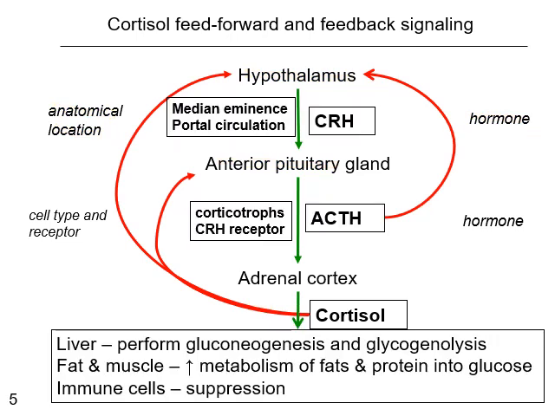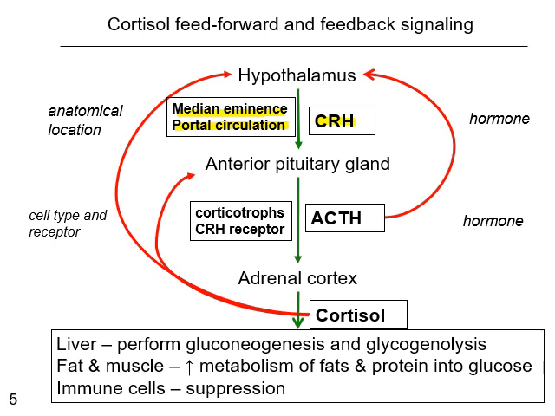Here are my answers. The hypothalamic neuroendocrine cells release CRH in the median eminence, from the infundibulum, into the portal circulation. Blood flow carries that CRH to the anterior pituitary gland.